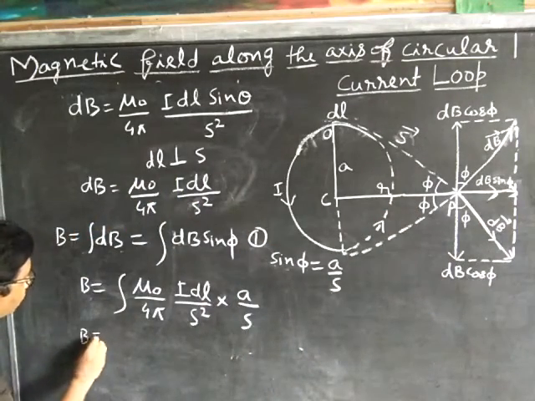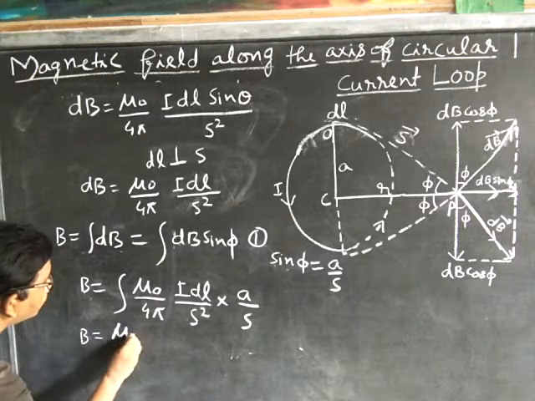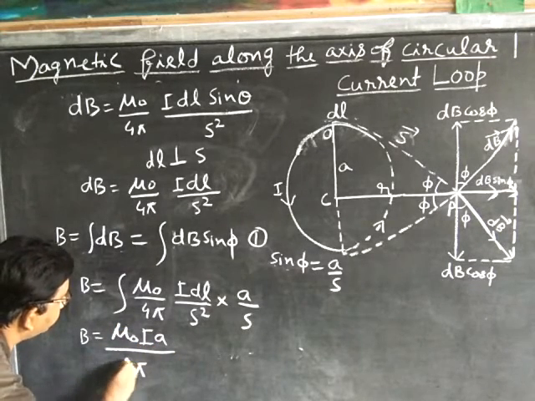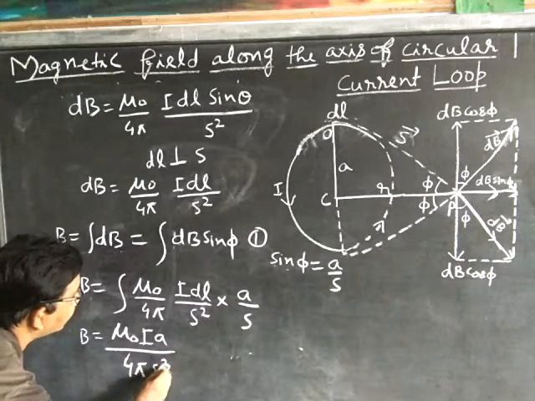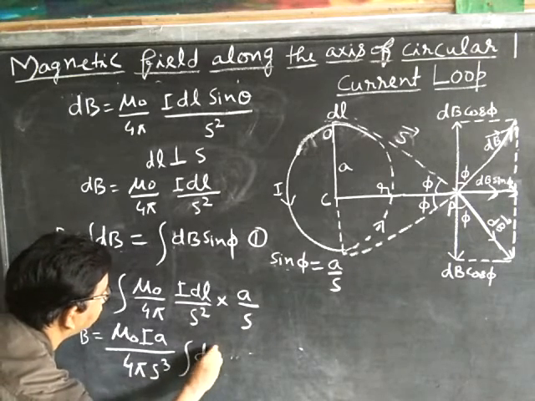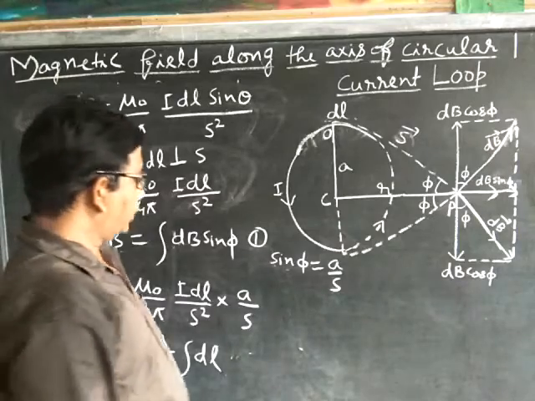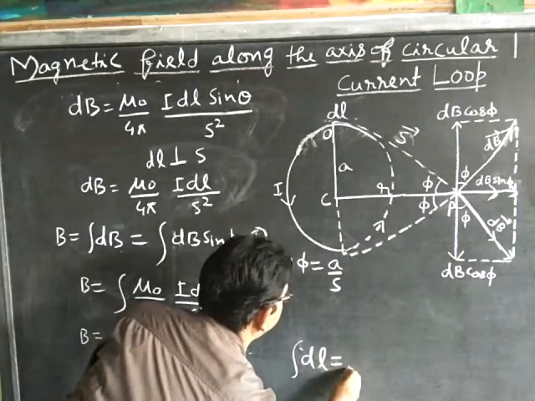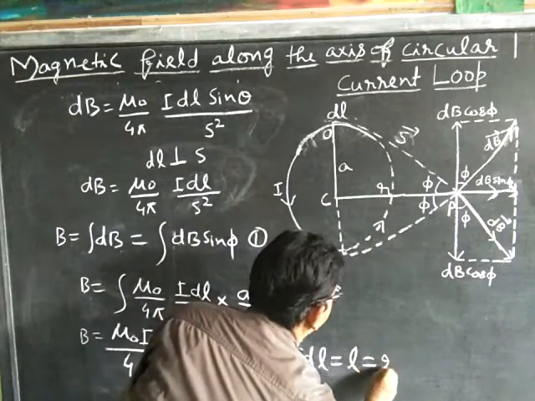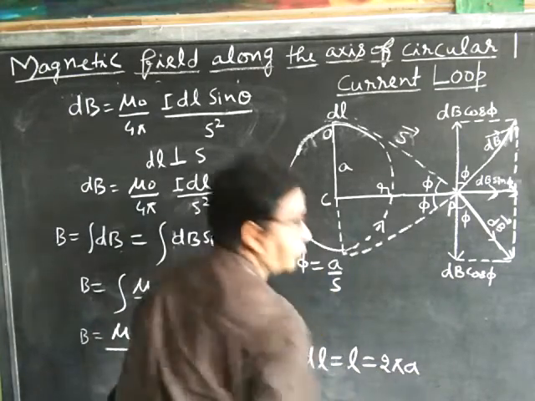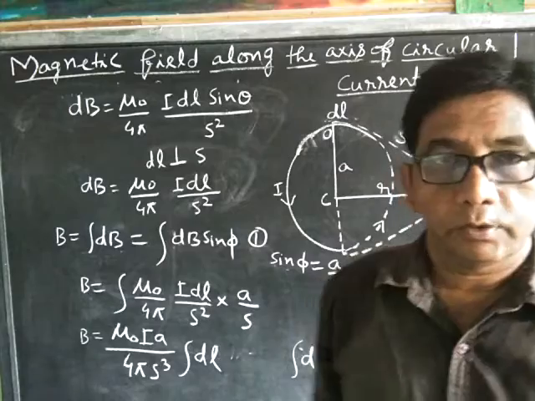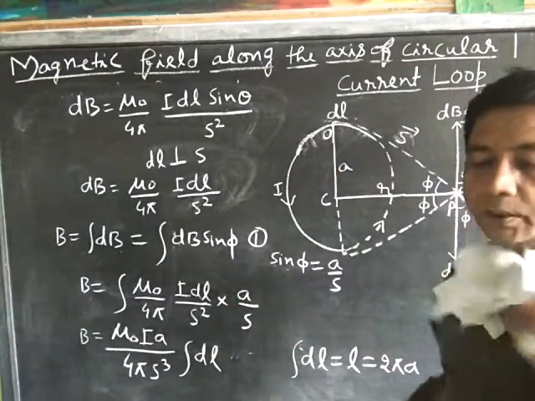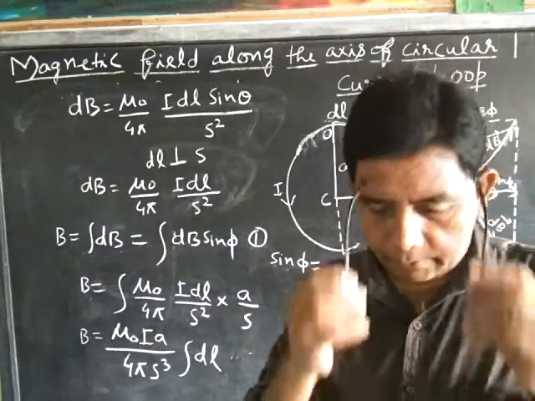B is equal to mu 0 I A upon 4 pi S cube times integral of dl. Now the integration of dl is equal to L, which is equal to 2 pi A, the circumference of the circle.